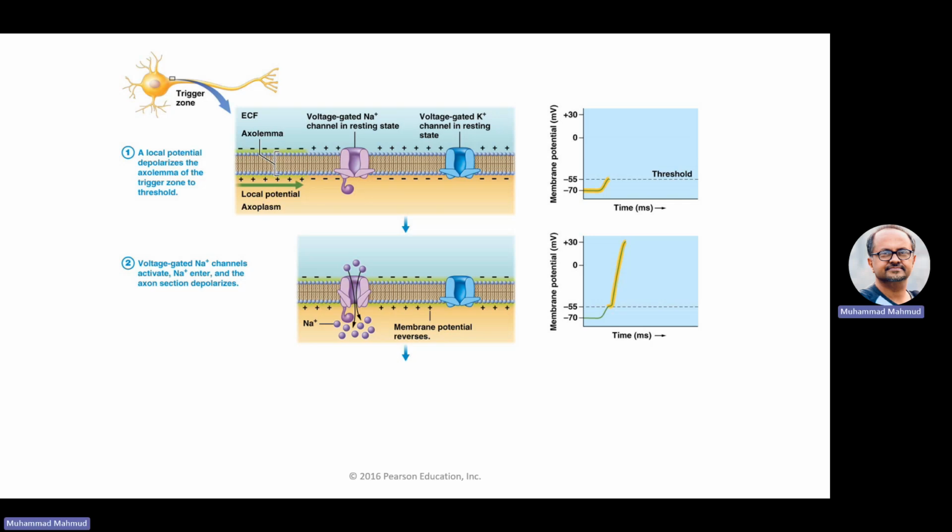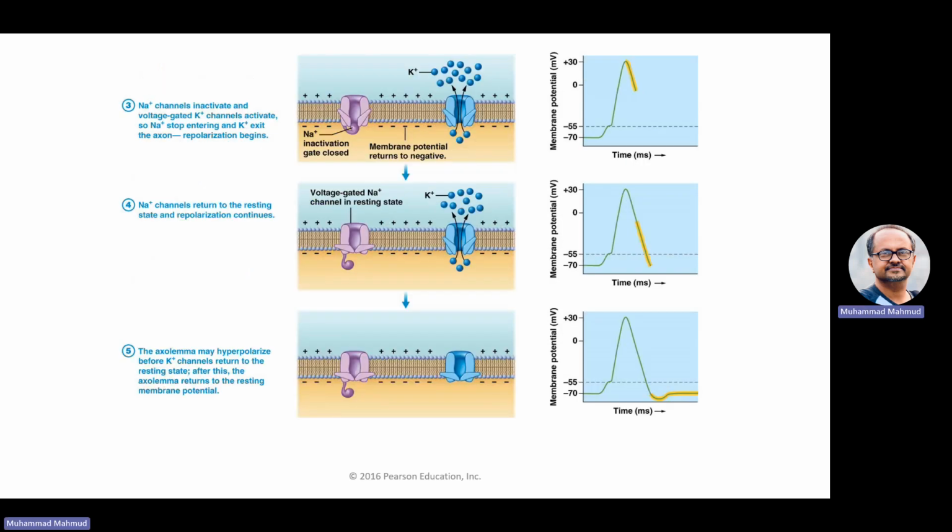So we started with the local potential, then second thing, the depolarization happens because the sodium channel is open and the charge is going very high. The voltage goes from negative 70 to positive 30. What happens next? Sodium channels inactivate. They close, and the voltage gated potassium channels will activate.